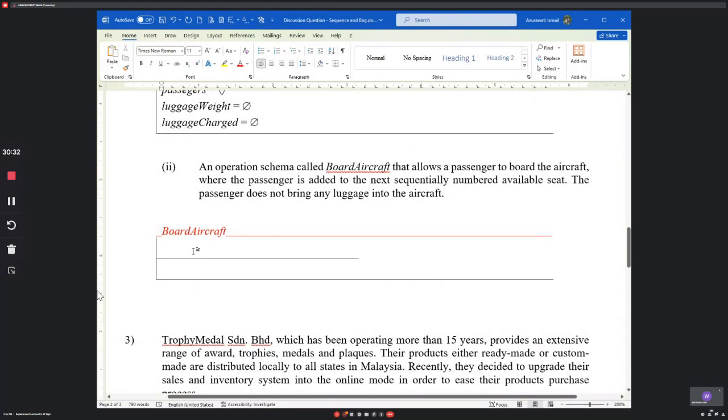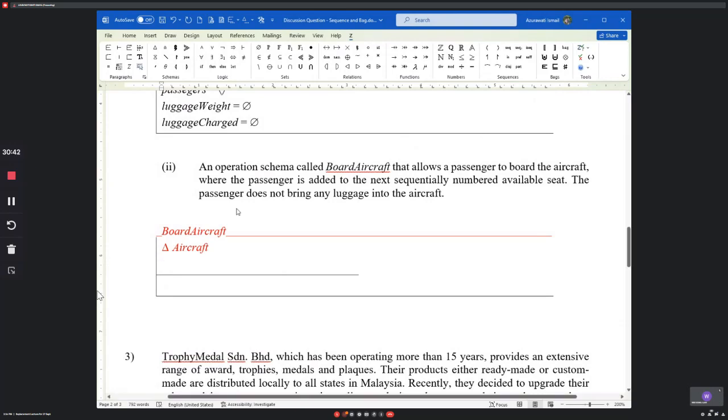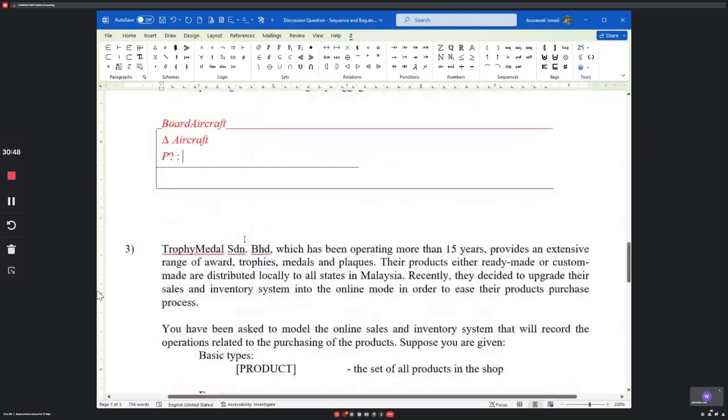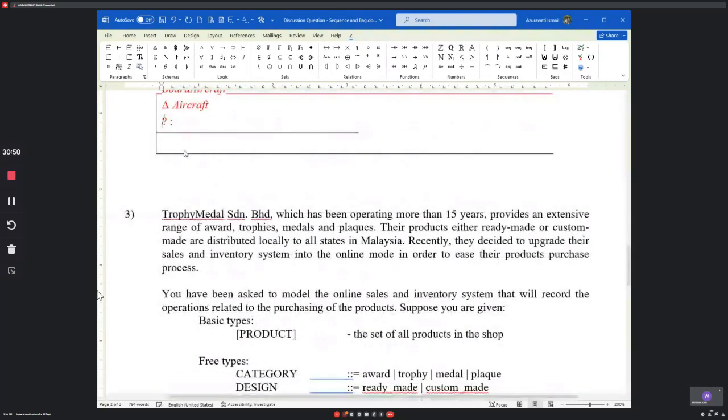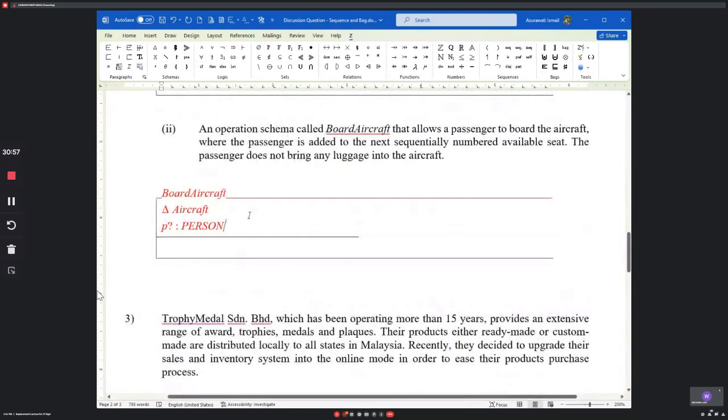So if you want to board the aircraft, there will be an update to the aircraft, and then maybe I need P passenger. Our data type is person, to know who is the person that is going to board the aircraft.